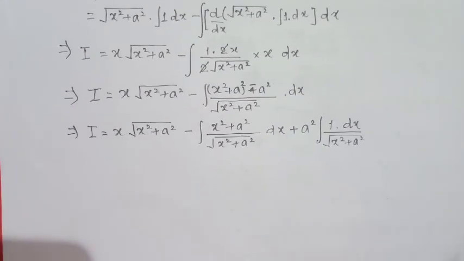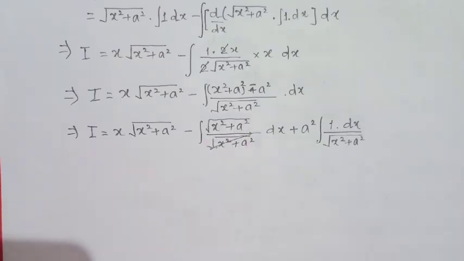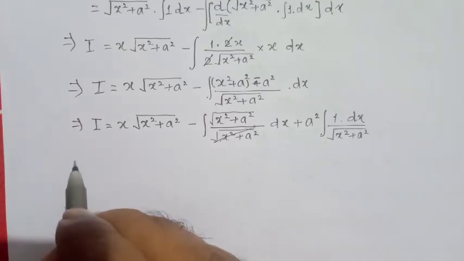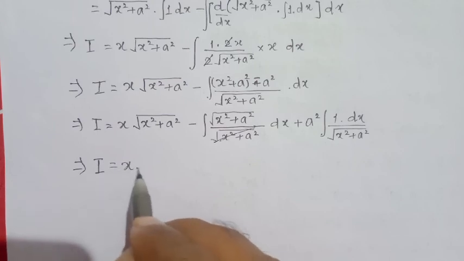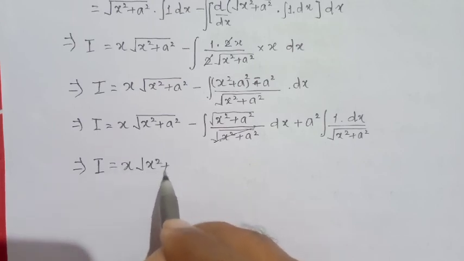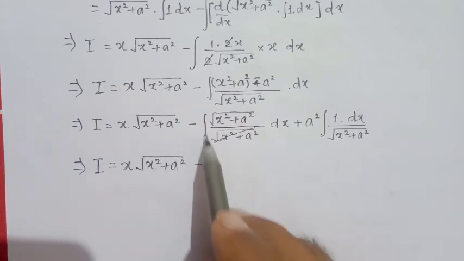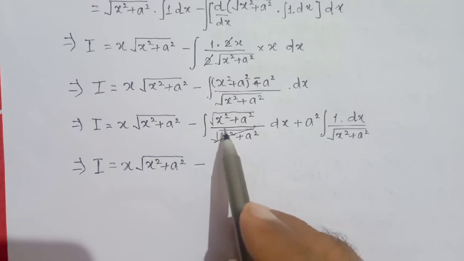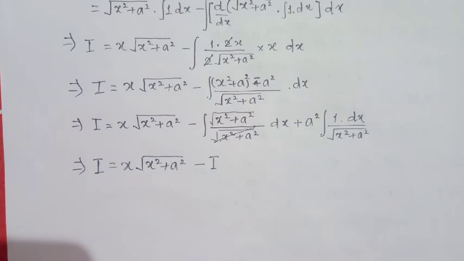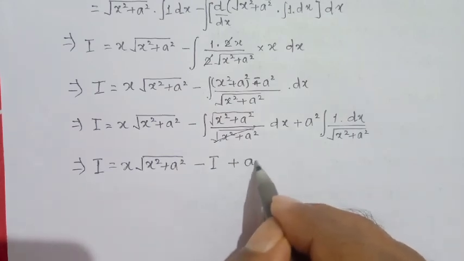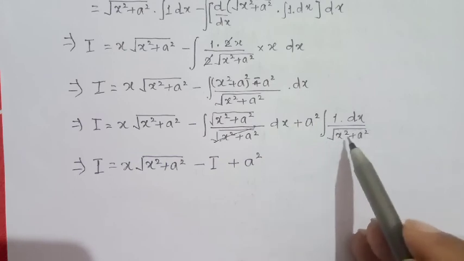Now cancel this one. After cancellation this becomes under root. So in the next step I write here x into under root x square plus a square, minus integral of under root x square plus a square, which again becomes I, plus a square times integral of 1 by under root x square plus a square.